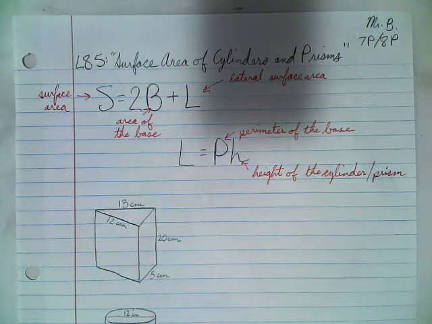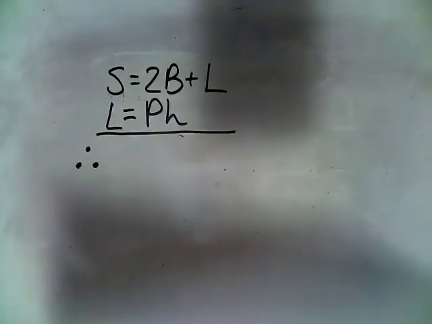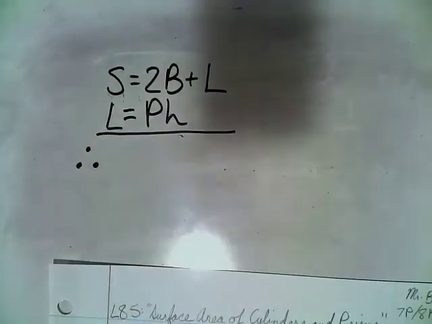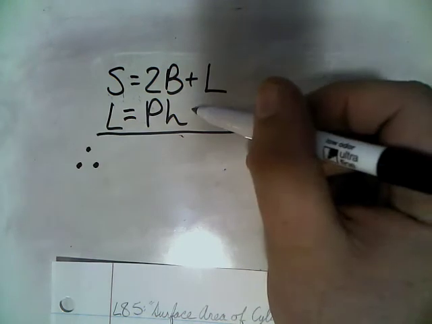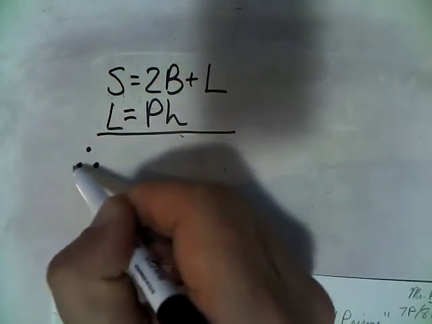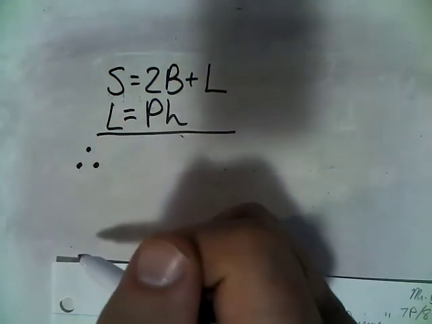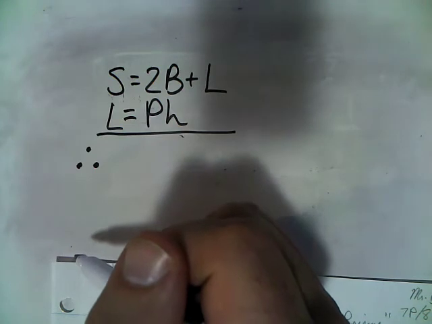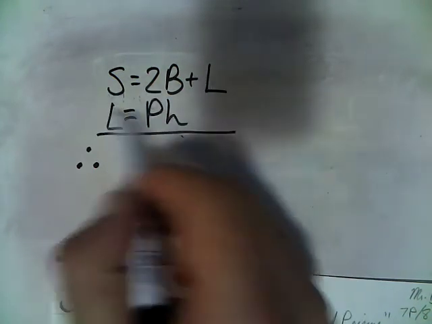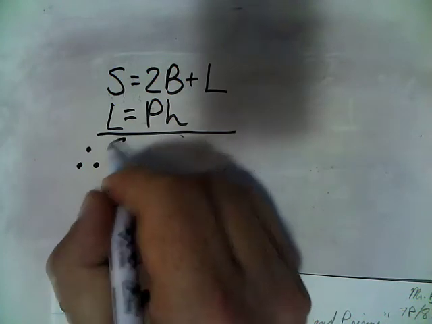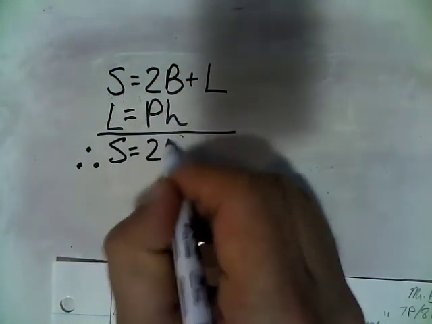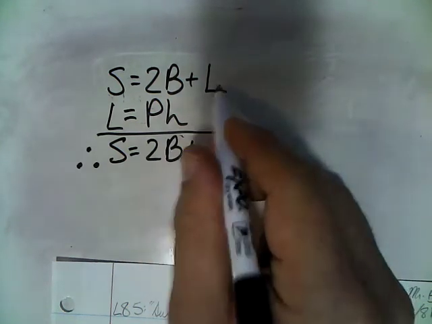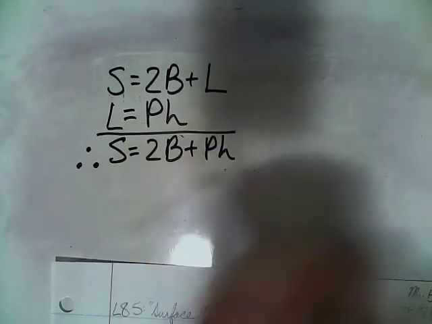So ladies and gentlemen, technically we could take these two formulas and put them together. What I have here is a logical statement where we have one formula, we have another formula, and then three dots in a triangle stands for therefore. So if this is true and that's true, therefore we could replace L with what it's equal to. So S would equal 2B plus, now instead of L, I'm going to have PH.